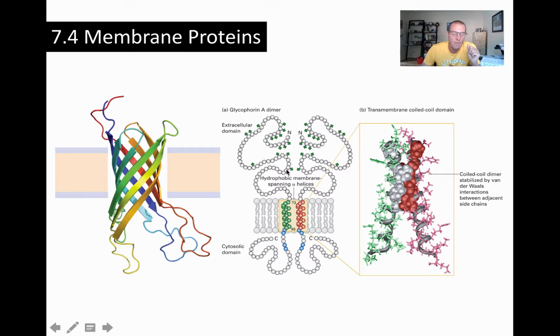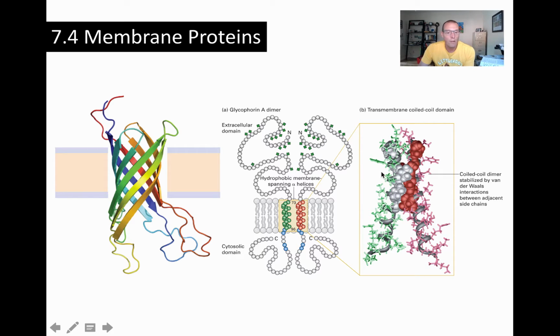If these helices here have hydrophobic faces, the self-assembly is going to be that if you put this protein with membrane lipids, the lipids are going to form a hydrophobic wrapper around this hydrophobic core, not around these pieces up here, which look disordered, but they could have some other structure as well. So there's a self-assembly component here that emerges from the fact that there are these hydrophobic transmembrane regions.